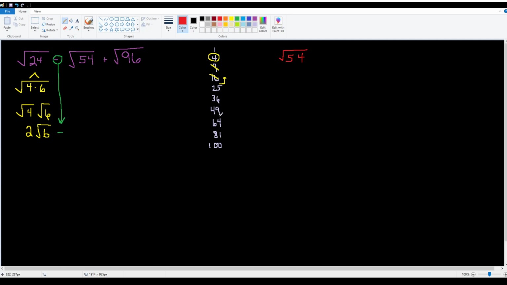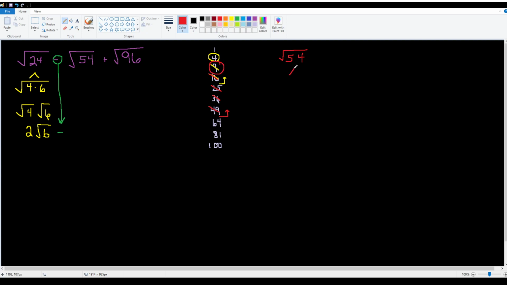Again, 54 falls right here. So I'm going to take 54 and divide it by all of my numbers. And when I do that, we're going to have 49 doesn't work, 36 doesn't work, 25 doesn't work, 16 doesn't work, but 9 does work.